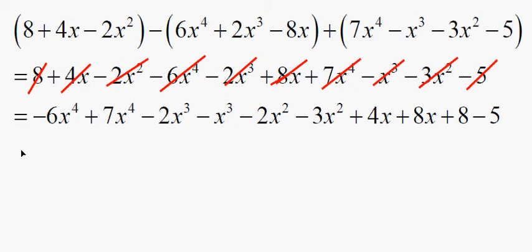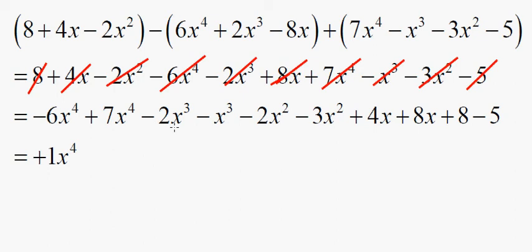So we'll start again with the equal sign. What we're going to do now is combine these two. We have minus 6 plus 7. Minus 6 plus 7, that's a plus 1. Plus 1 times x to the 4th. So it's a plus 1x to the 4th. So there we've dealt with those two terms. Now we'll deal with the x cubes.